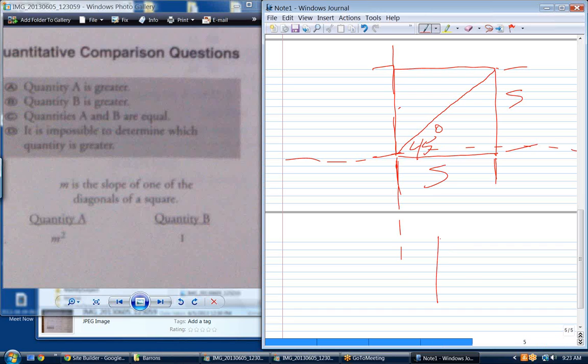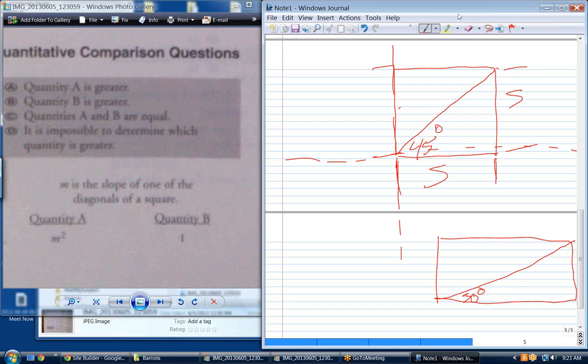Not of a rectangle. If I had a rectangle like that, and this slope here, that's not a 45-degree angle any longer. That's closer to like a 30. It could be anything depending on the relationship of the width of the rectangle to its height. So it's only a square where that diagonal is always 45 degrees and the slope of a 45-degree line is 1.